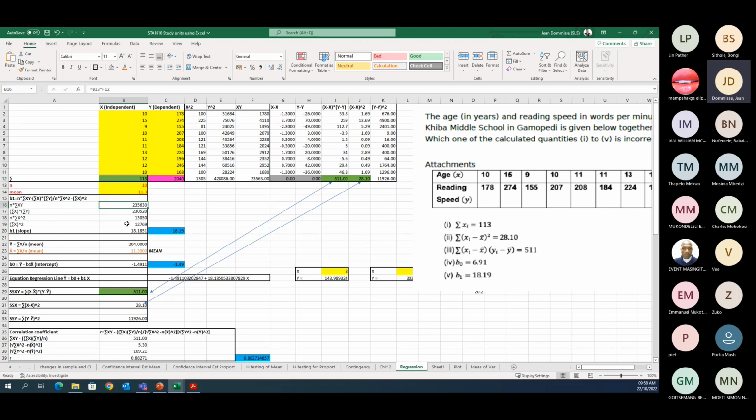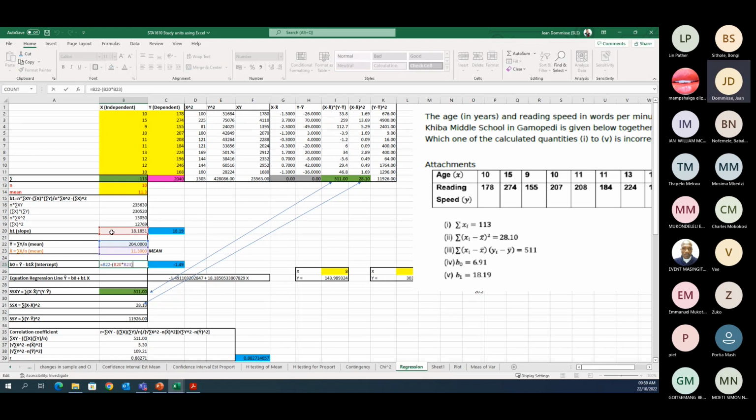Use just this to get to the slope. But there's a function in Excel that works out the slope by just putting in those two data sets. So these two in blue are the functions in Excel that give you the intercept and the slope.